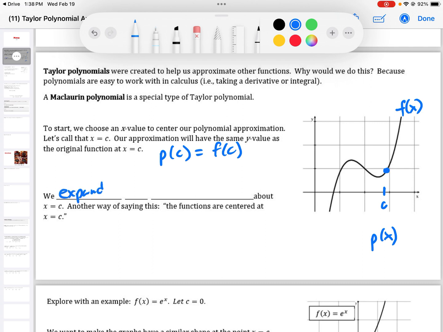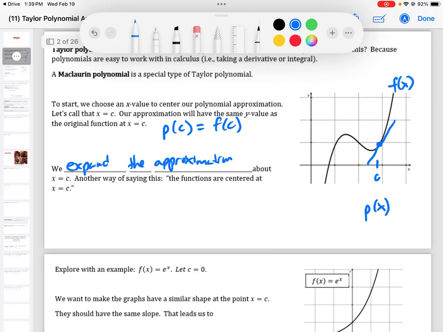So we expand the approximation about that point x equals c. Approximations using our Taylor polynomial will be really close for x values close to c, and as they get further and further away, they could be a little bit worse.